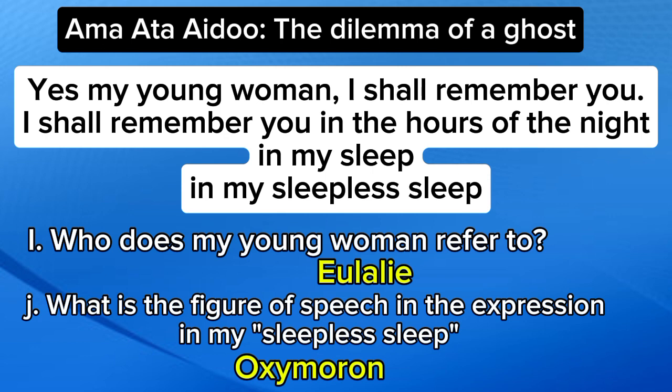I repeat, if you put two opposing words close to each other in literature, such as sleep and sleepless, you will get a literary device called oxymoron. Now, this is because sleep refers to a state of being asleep, and sleepless means unable to sleep.